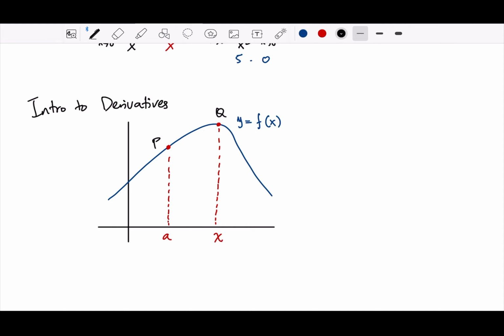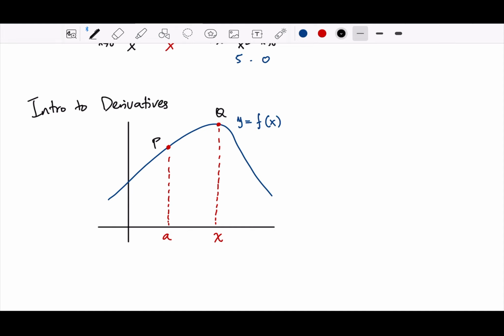Now the idea is this point Q, I can move freely, so this x can be moved also. We can move this x, so this Q will have a different point on the curve.